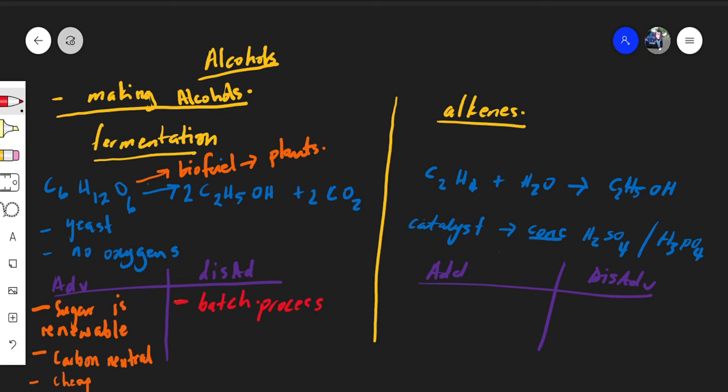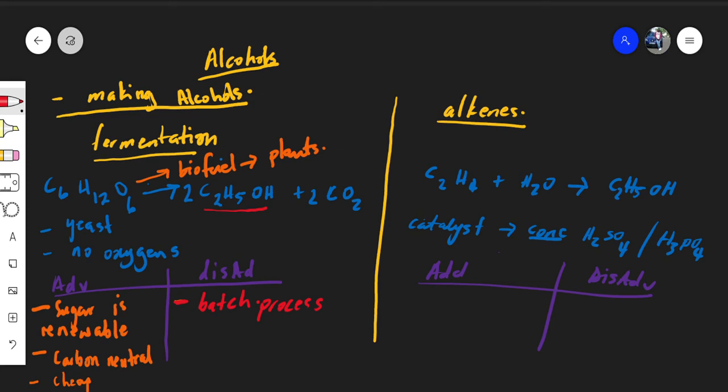Because you're using yeast in this process, you need to remember that yeast is going to be killed as soon as alcohol is produced, because yeast cannot survive in alcoholic conditions, so it is going to be killed in there.